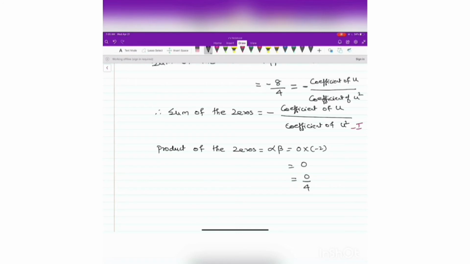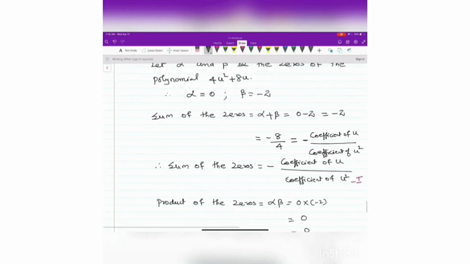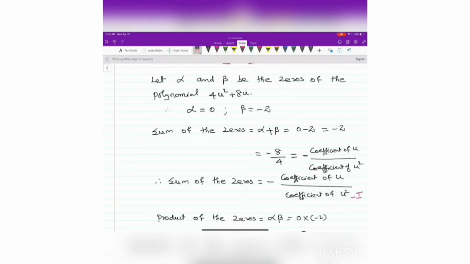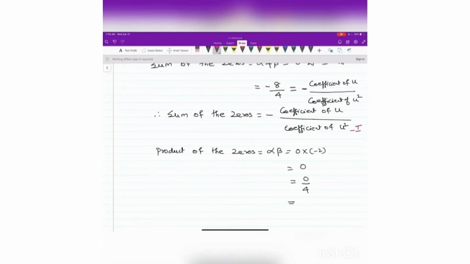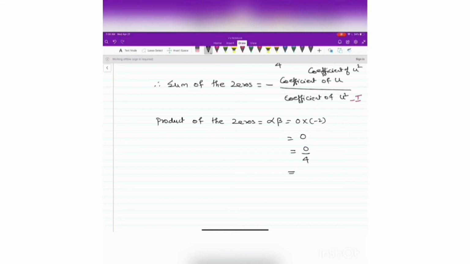Now see here, there is no constant term at all, that means the constant term here is 0. So I can write constant term by coefficient of u square.